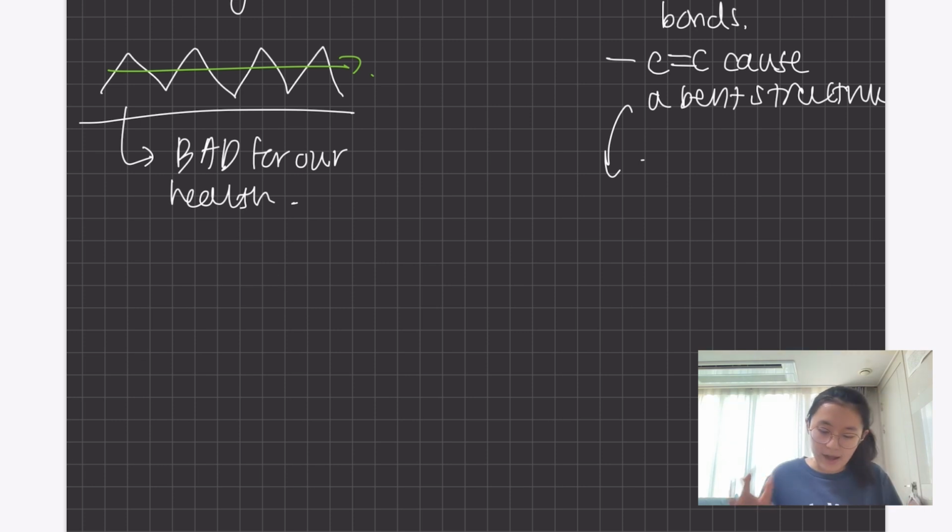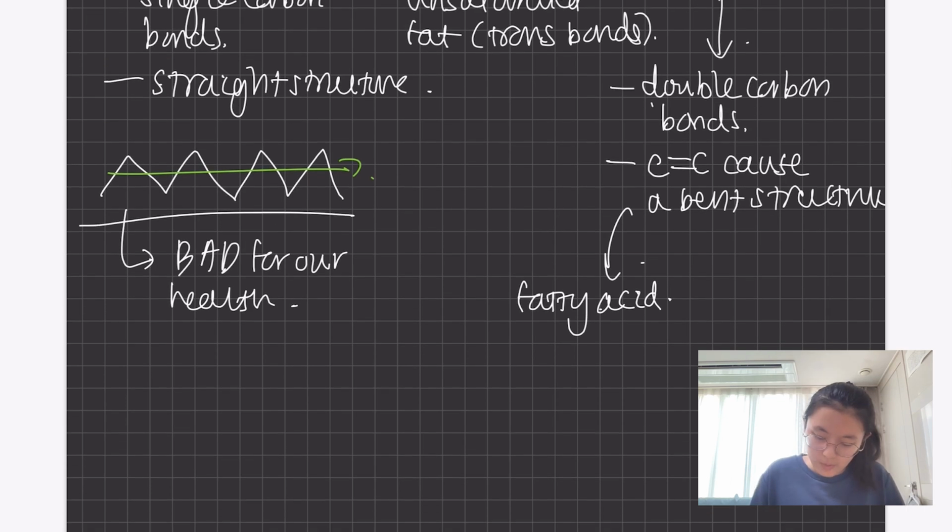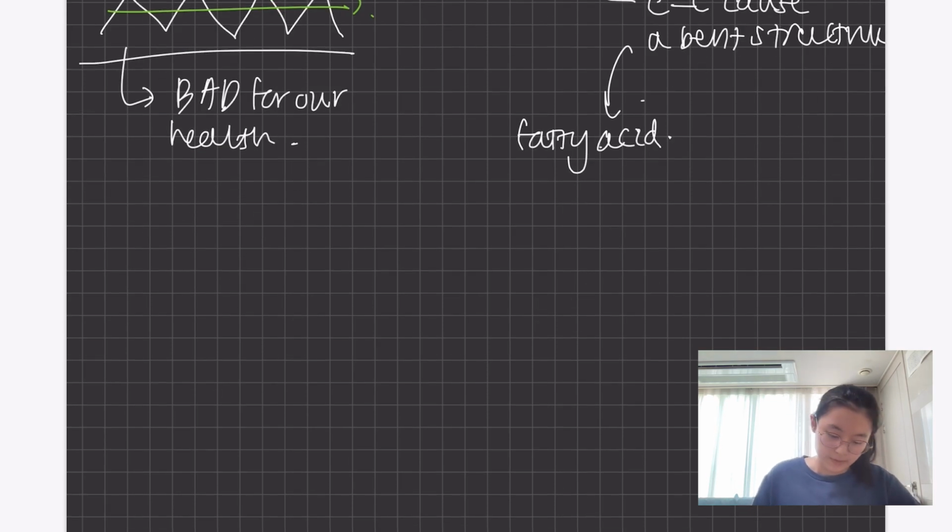So let's draw an unsaturated fatty acid, in order to see what it means that a double carbon bond introduces a bend. So we're first going to draw the carboxylic group.